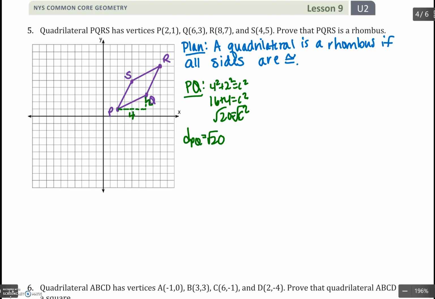And then the next one I would do is QR, which is also 2 and 4. So since it's the same, I can reuse this work for QR. And then I'm seeing that they are all 2 and 4. So I can reuse this Pythag work for all 4 of them.